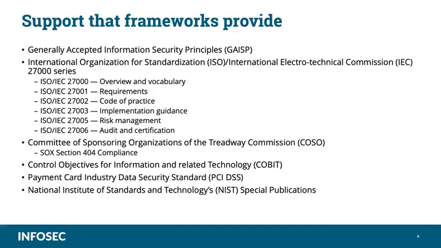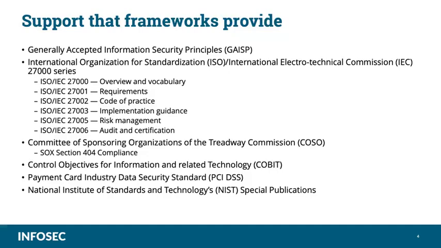The series provides best practice recommendations on information security management, risks, and controls within the context of an overall information security management system. Organizations can use the standards as the basis for developing security standards and security management practices. ISO 27002 contains over 100 detailed information security controls.